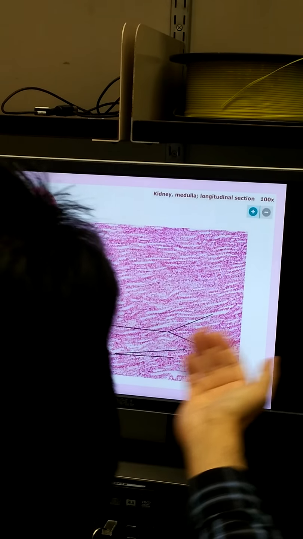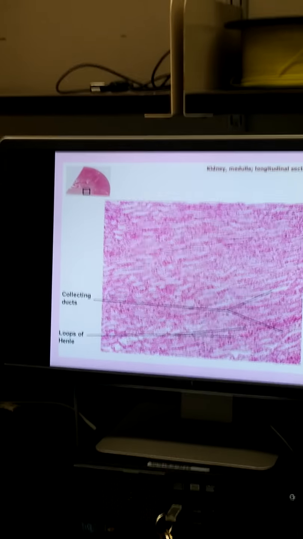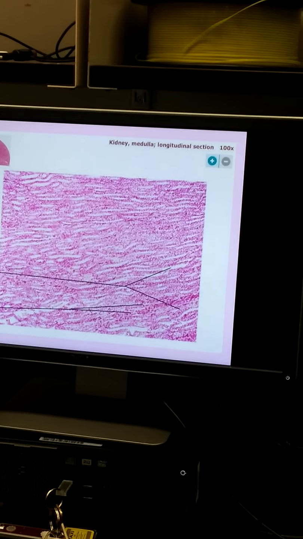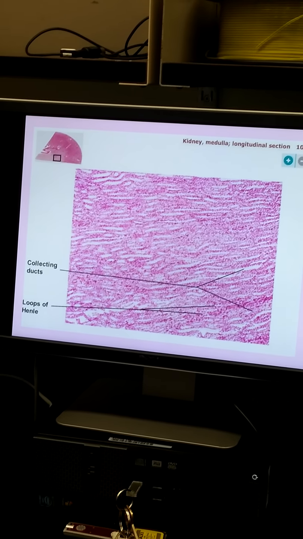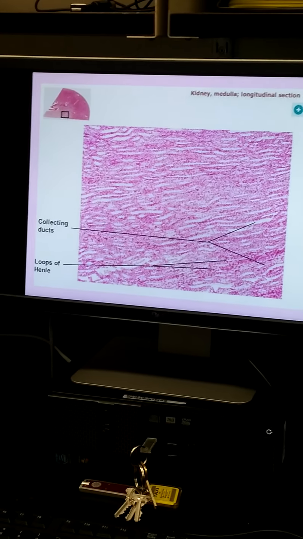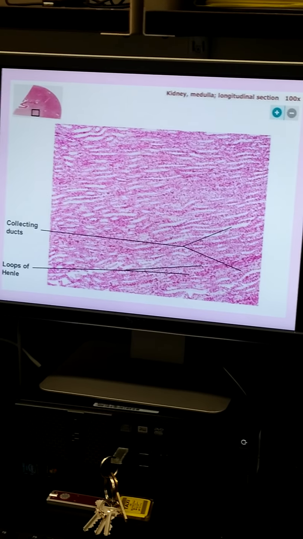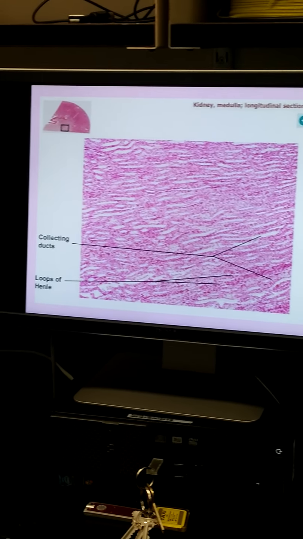Is that where they concentrate the urine? No, not urine. Does it have to do with what's reabsorbed? No, it has nothing to do with what's being reabsorbed. It's the structure. Is the cell type different?